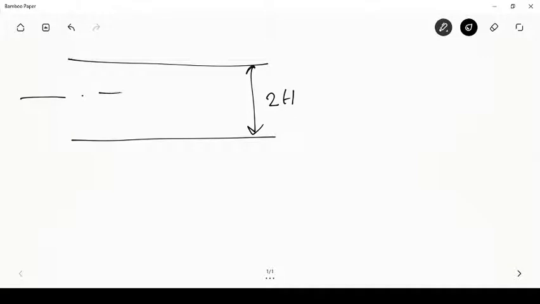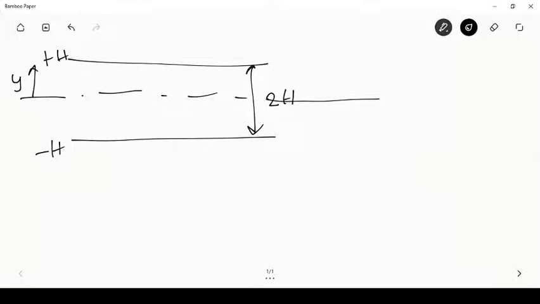So if I draw the plane of symmetry in between and the y direction starting from here, so y goes from 0 to capital H, so this will be plus h I would say, and let's say this is minus h. So y goes from minus h to plus h in the given y coordinates.